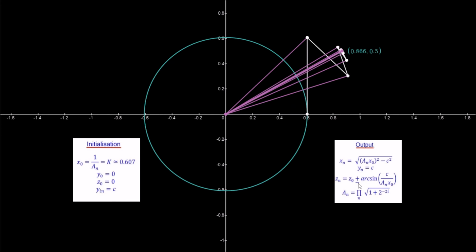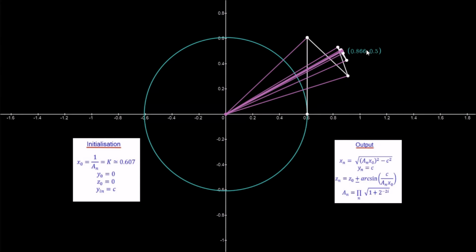And it's going to be plus or minus arc sine of the height here, which is going to be our y, and the length here, which we are given, which is going to be our An x0. And it's plus or minus, and we'll talk about that just in a minute. And finally, the value for An is given by this little equation here, which we've seen previously. So let's have a look and see why this is plus and minus.